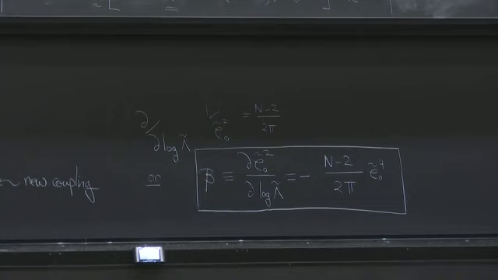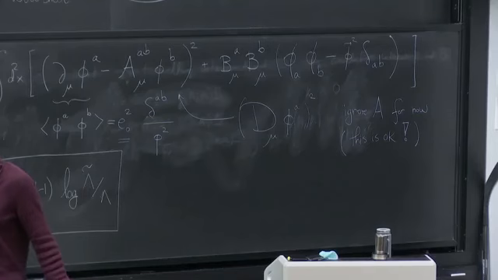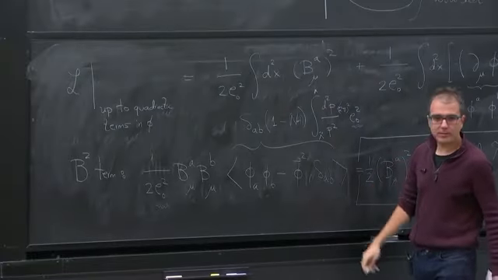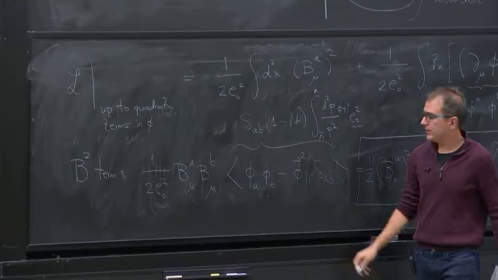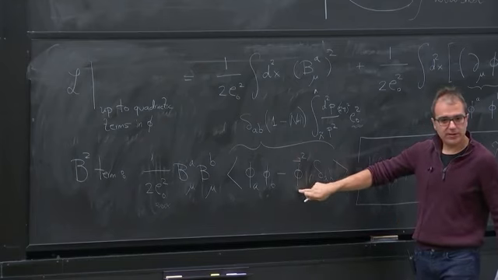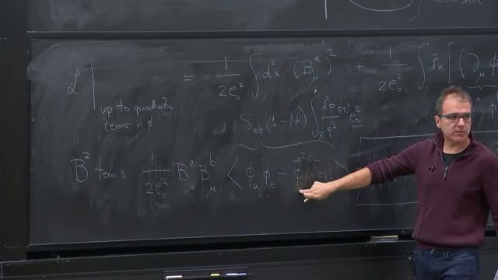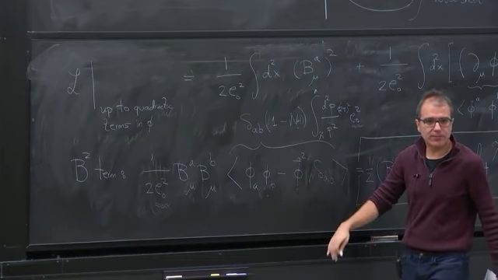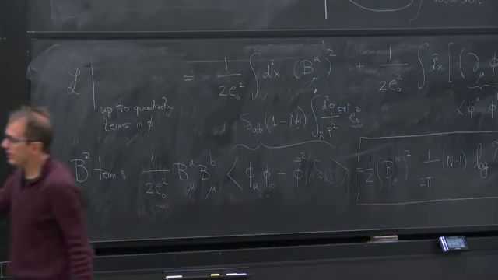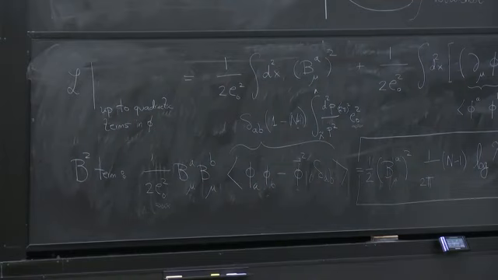Right? How many fields phi there are? N minus 1, right? So this is not n. This is n minus 1. Right? From this term here. Phi 1, phi 1, phi 2, phi 2, phi 3, phi 3, up to n minus 1. And so it was n minus 2 here.